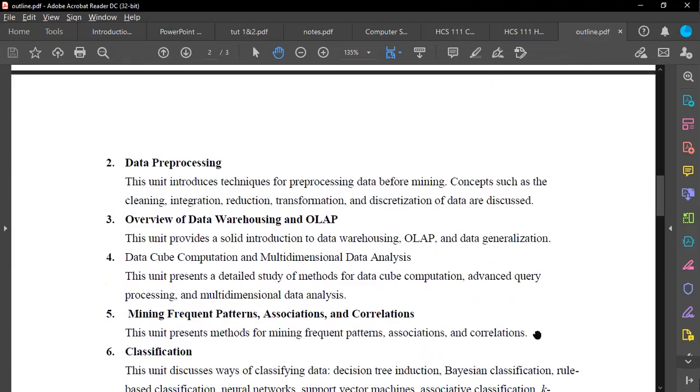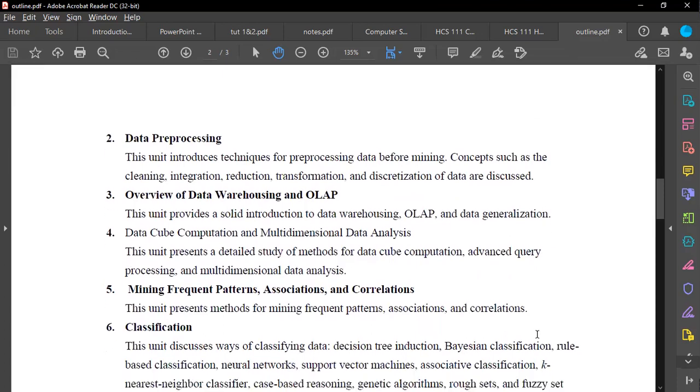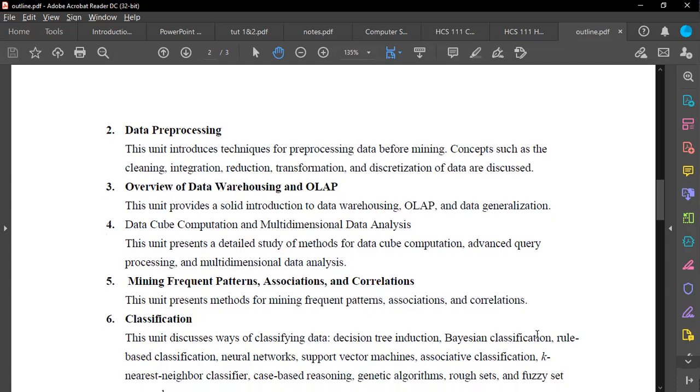This unit introduces techniques of pre-processing data before mining. Concepts such as cleaning, integration, reduction, transformation, and discretization of data are discussed. So you need to know how you mesh the data, how you reduce the data. So it's more of data cleaning and data manipulation.